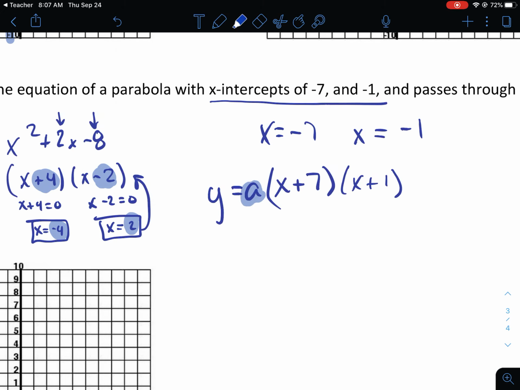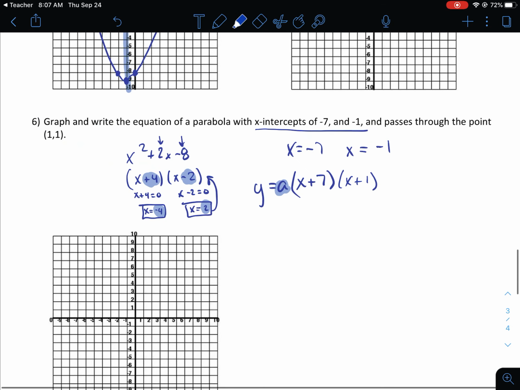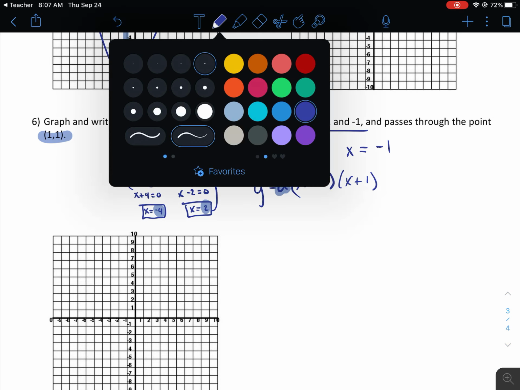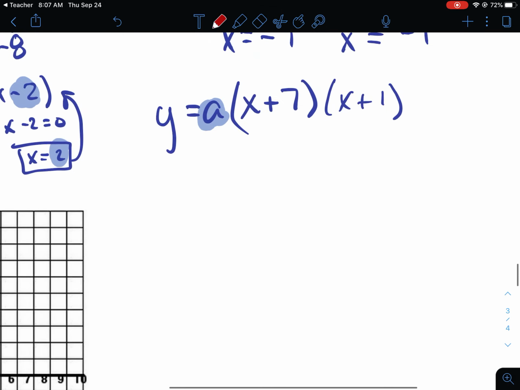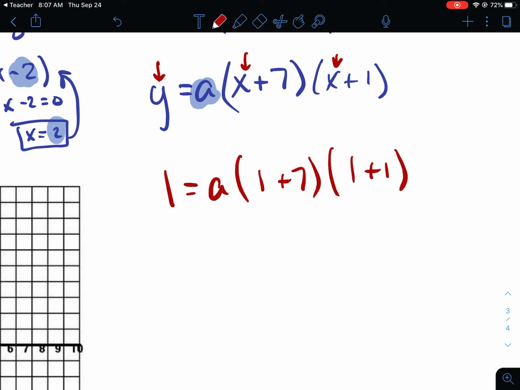How we find a is to use the point that it gives us, 1, 1, and plug it in. 1, 1 means that x is 1 and y is 1, so we can plug those into the x's and y's. If y is 1 and x is 1, then we can find out what a is.